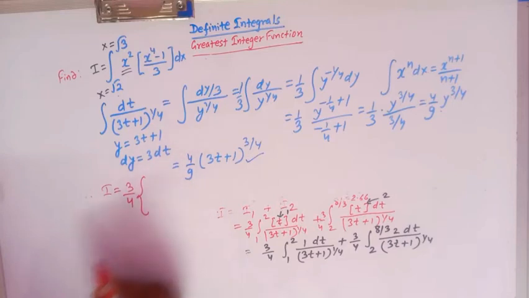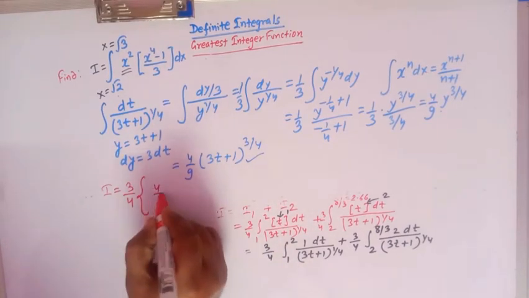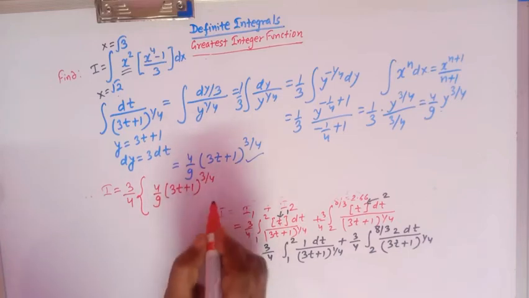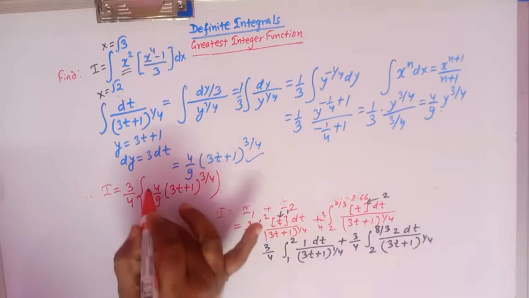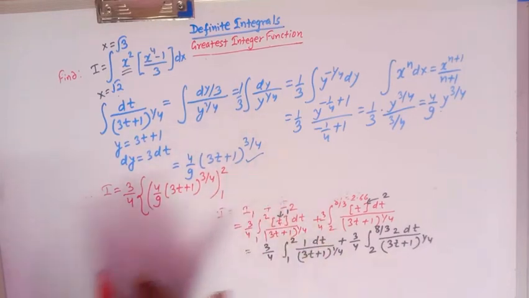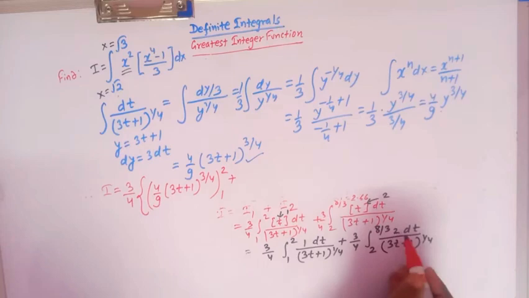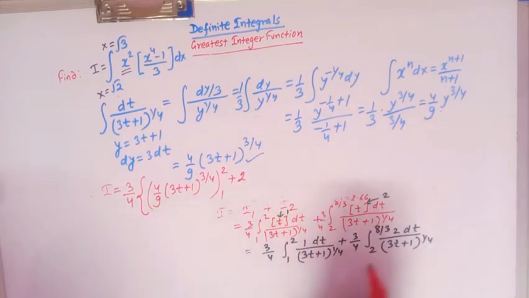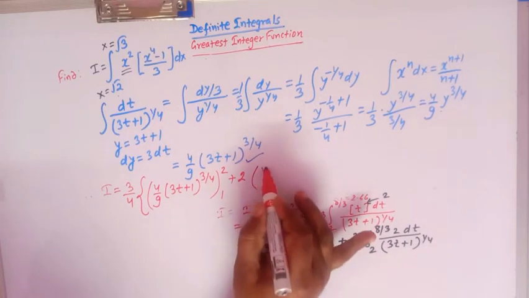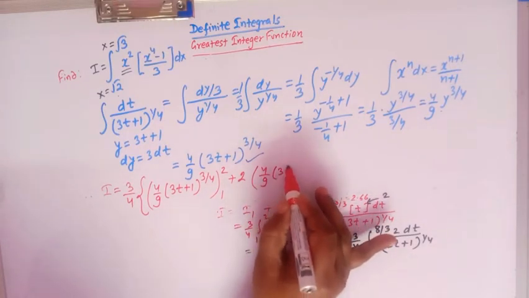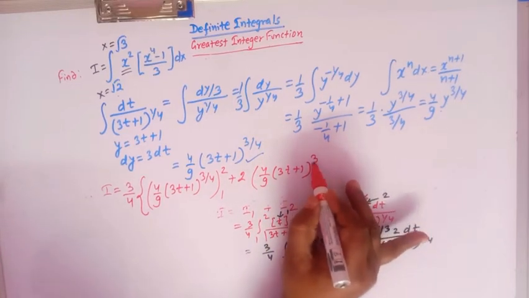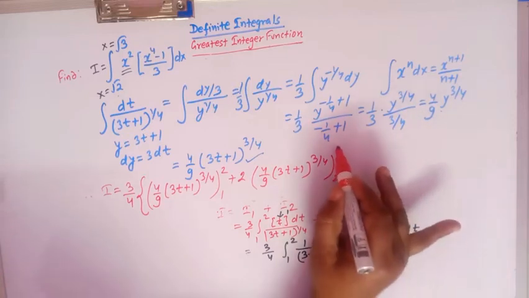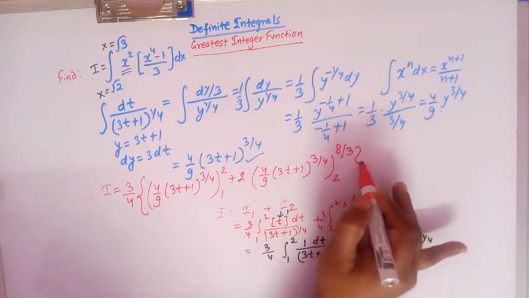So now we have here 4 over 9 (3t plus 1) raised to 3 over 4, and the limits are from 1 to 2, and here we have this 2, taking this 2 outside the integral, and we have 4 over 9 (3t plus 1) raised to 3 over 4, and the limits are from 2 to 8 over 3, right?